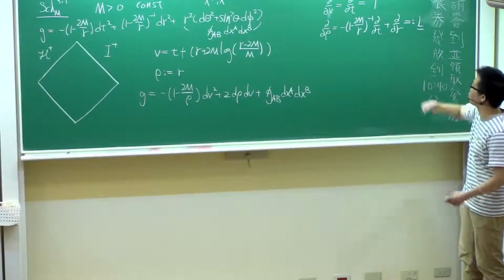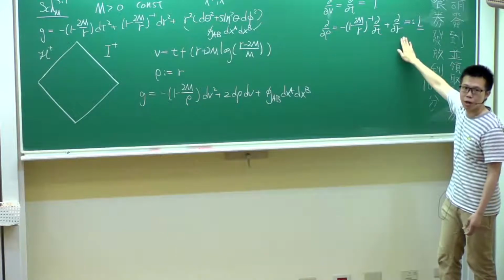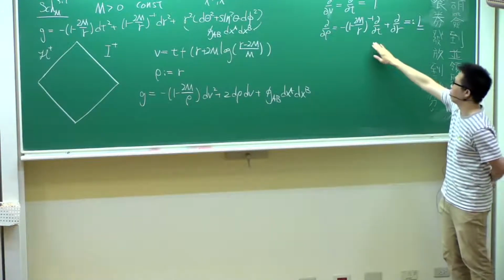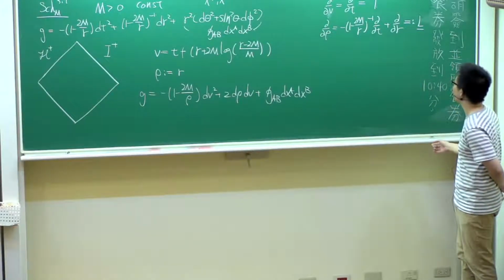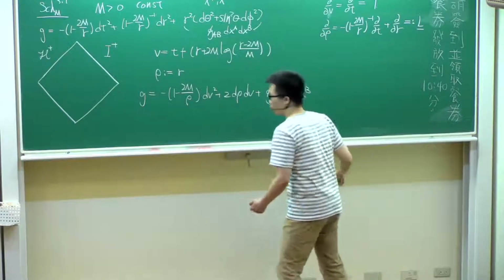So d/dv is the same as capital T, and for d/d rho, you start with d/dr and you need to put some multiple of d/dt, and this is the coefficient. This is the null vector, the incoming one, L lower bar.